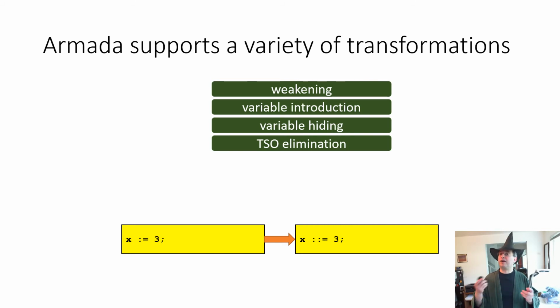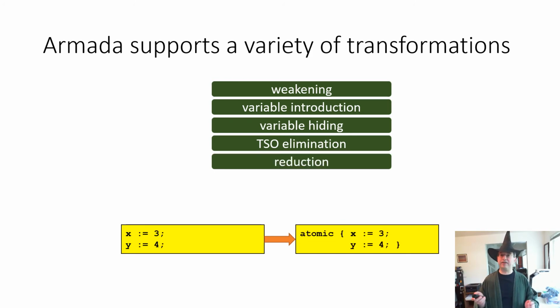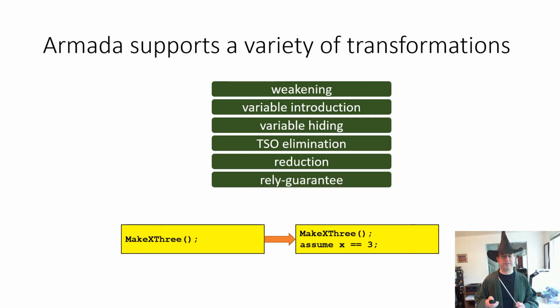We support more complex transformations like TSO elimination, where we replace an assignment to a variable using TSO semantics with a sequentially consistent TSO bypassing instruction. Or more complex yet, reduction allows us to replace a block of statements with an atomic block of statements that can't be interrupted using Lipton's reduction approach.